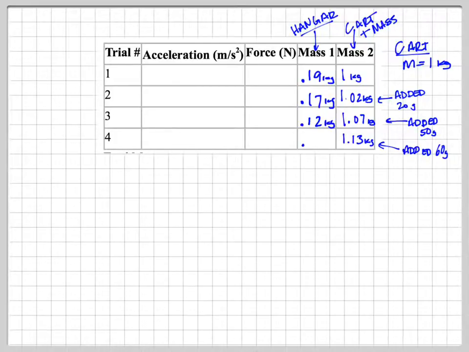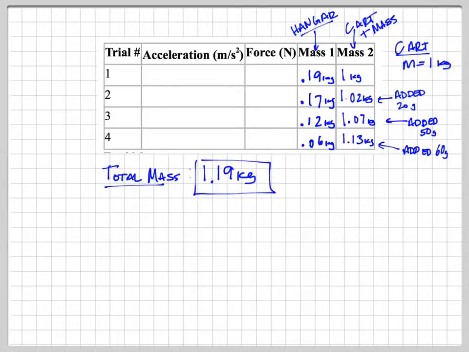And it goes down by 6, so I have 0.06 kilograms. Either way we do this, our total mass stays the same. The total mass of the system is still 1.19 kilograms because we always took it from the hanger, put it on the cart.